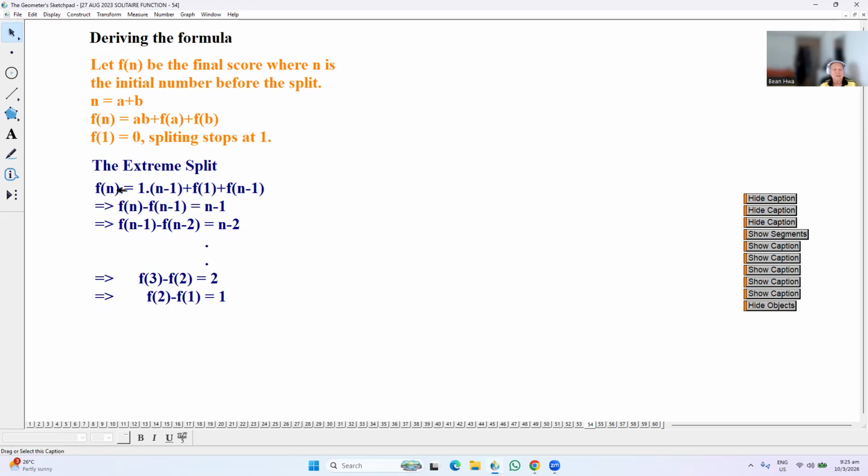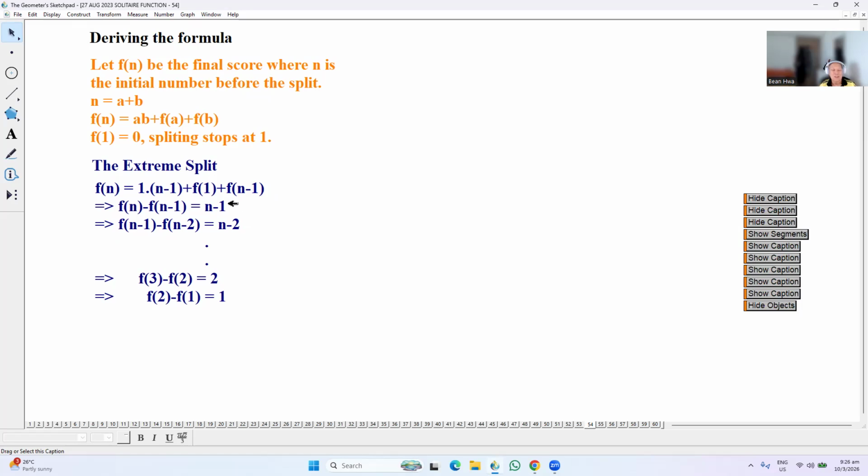We rewrite this first line using Fn minus Fn minus 1, and it's equal to n minus 1. Then we realize we can also have Fn minus 1 minus Fn minus 2 equal to n minus 2 using the result obtained.